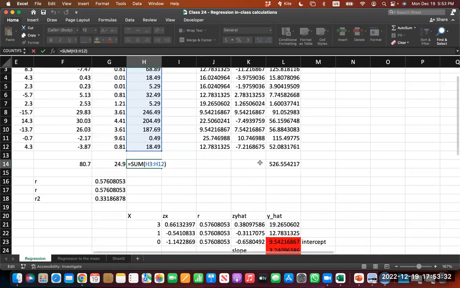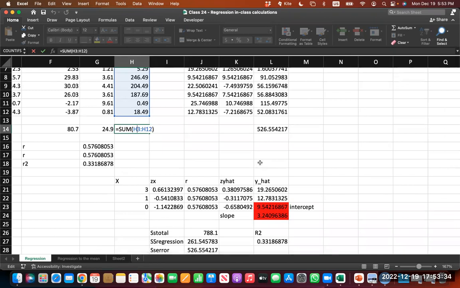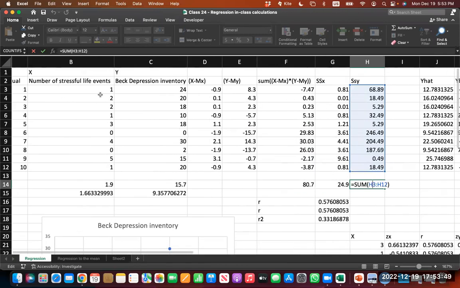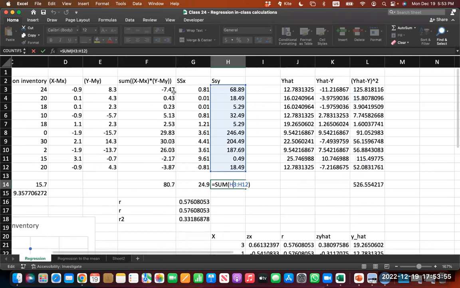And so now the question became, if I am quantifying my residual error, so I'm employing my regression model and estimating the individual point. I estimate Mr. Smith, who had one stressful life event and scored 24.